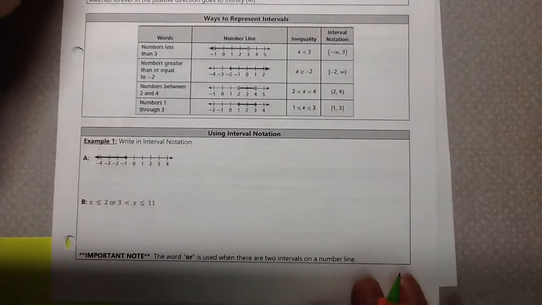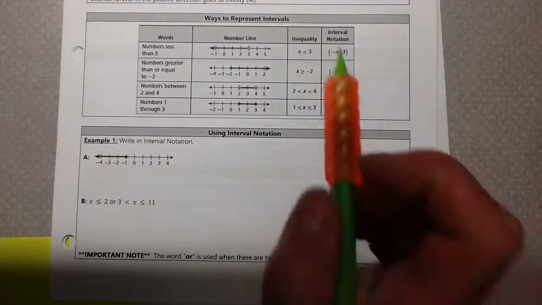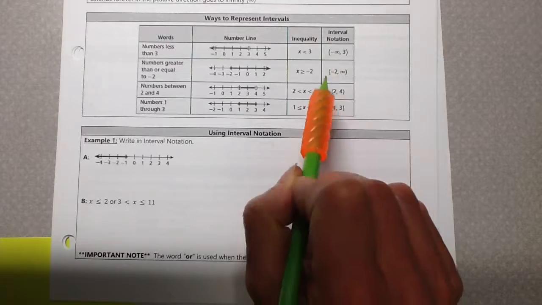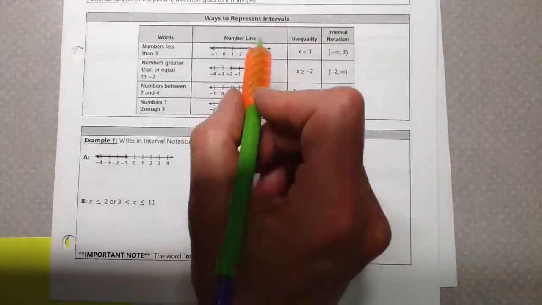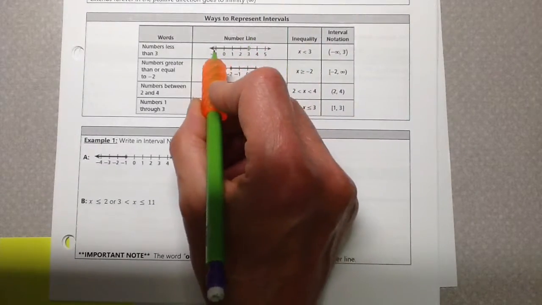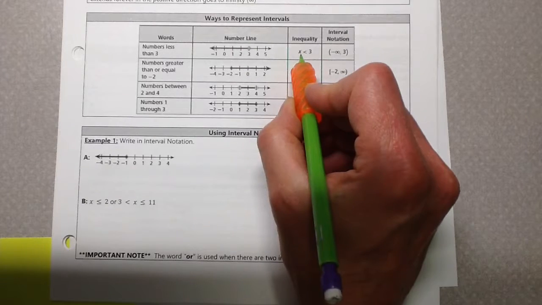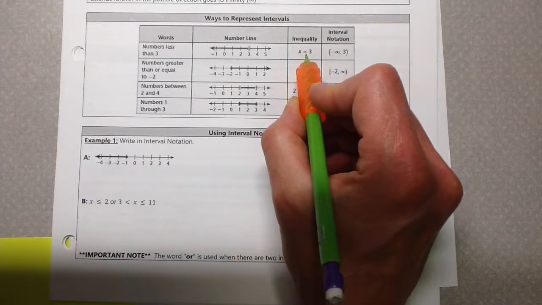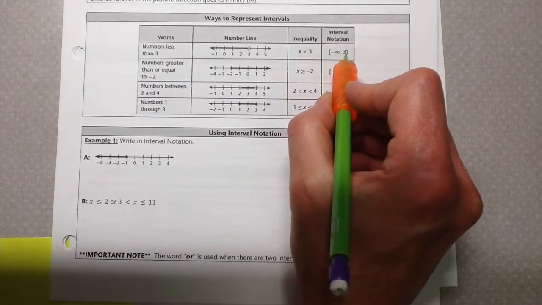Okay, here are examples of interval notation with inequalities. So on a number line, if we want to say numbers that are less than 3, this is the inequality. For interval notation, notice we do not want to include the 3, so we use parentheses there.